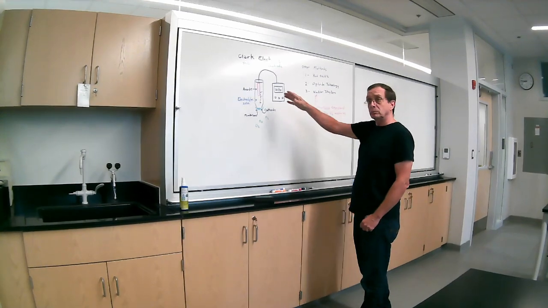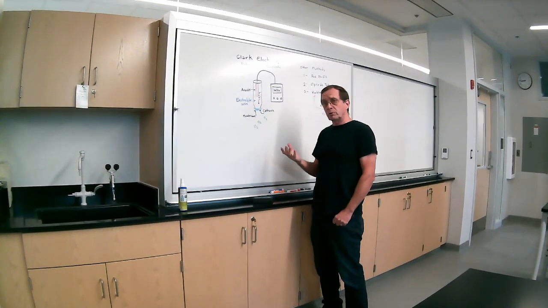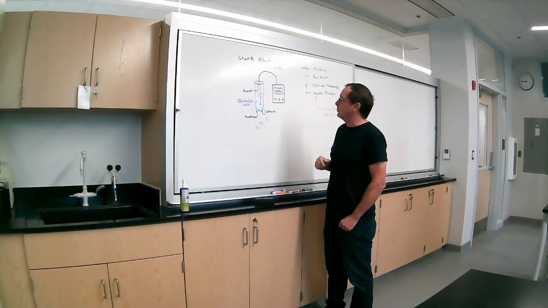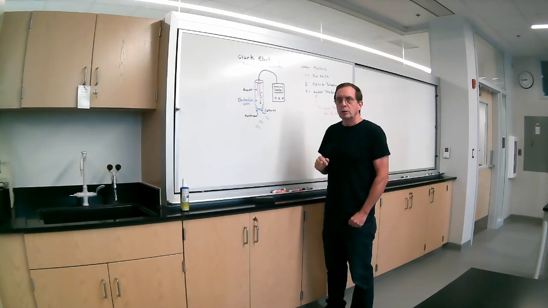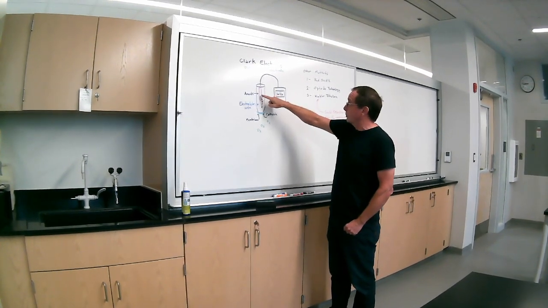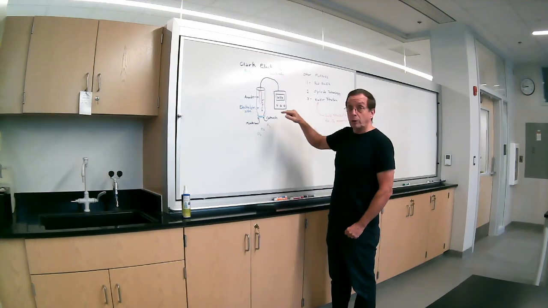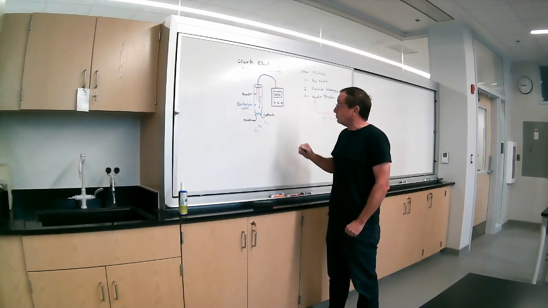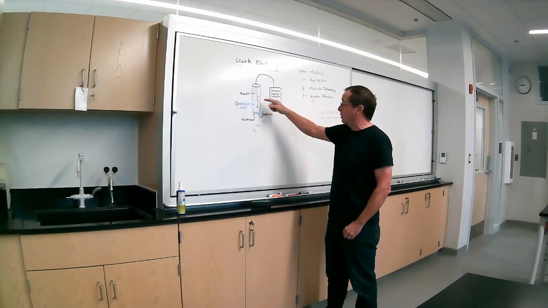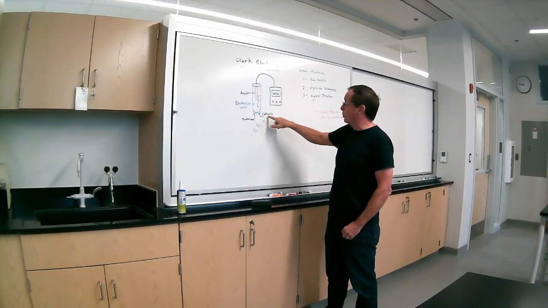You have an anode, and the anode, if you remember from chemistry, right, anodes give off electrons. We submerge the anode, which is usually silver or gold in some cases, into an electrolyte solution. That electrolyte solution then allows electrons to find their way from the anode down to the second important component, which is the cathode.